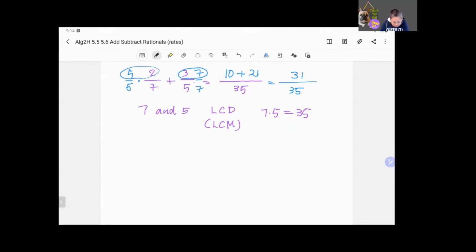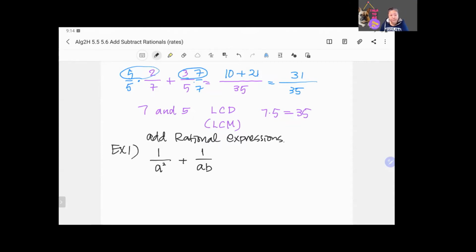Then if we are supposed to have 1 over a squared plus 1 over ab, now I recognize each denominator is not already common.